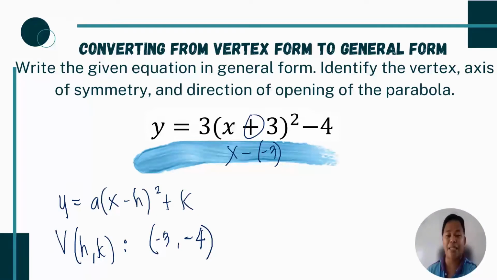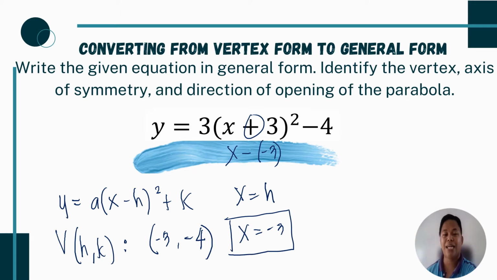And the axis of symmetry, which is x is equal to h, then x is equal to negative 3. So that is our axis of symmetry. And for the direction of the opening of the parabola, we have a is greater than 0, therefore the parabola opens upward.